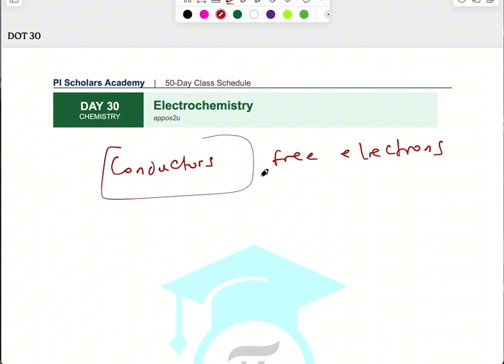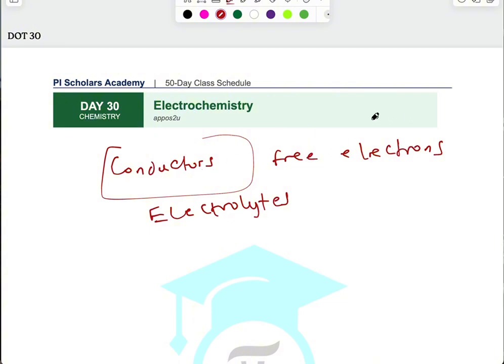But electrolyte, which is what I'm going to be discussing majorly in this particular class, I'm not interested in conductors. I just want to paint a picture in your head first. So my major concern for this class are the electrolytes. So what are electrolytes? Electrolytes also conduct electricity, just like conductors.